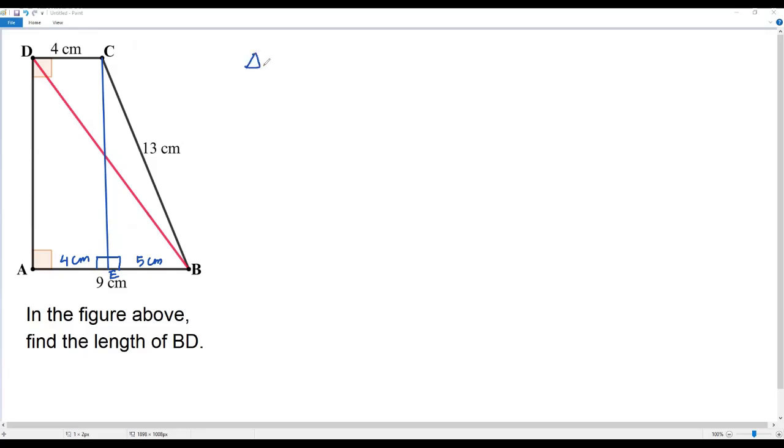Now let me consider the right triangle BEC. I square the two legs, that is CE square plus EB square. So I square the leg CE and I square the leg EB. It must be equal to the square of the hypotenuse, that is BC square. According to Pythagorean theorem, I do not know the length of CE, so I keep it as CE square.